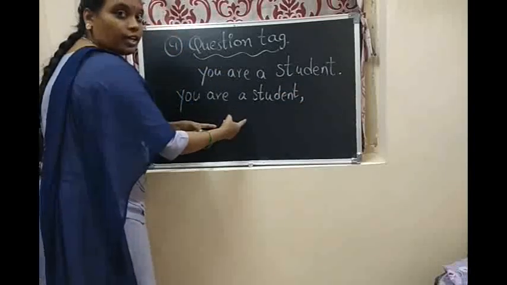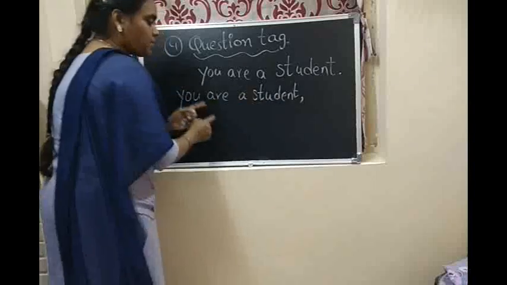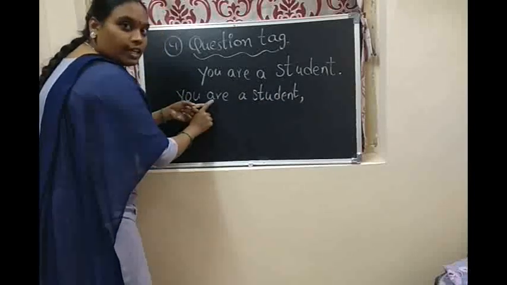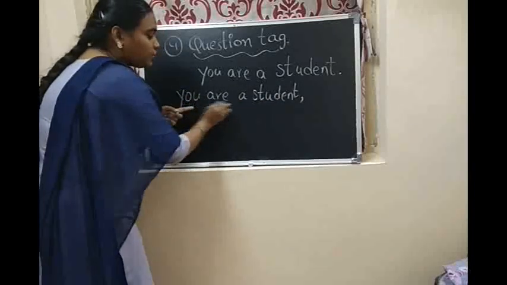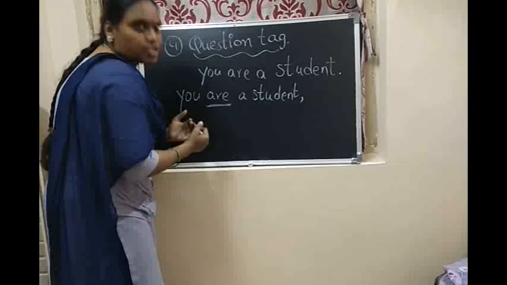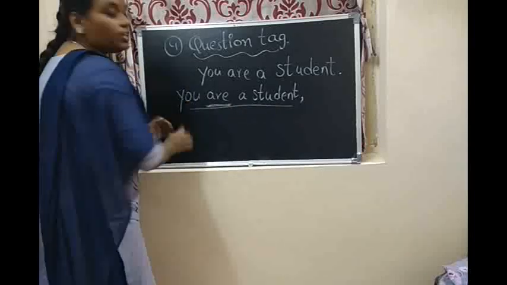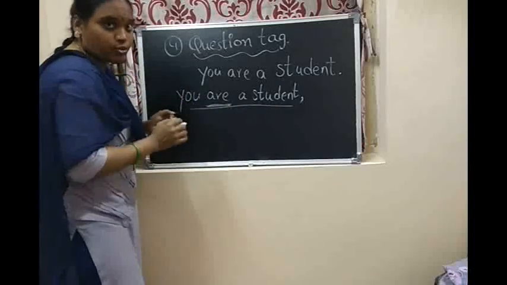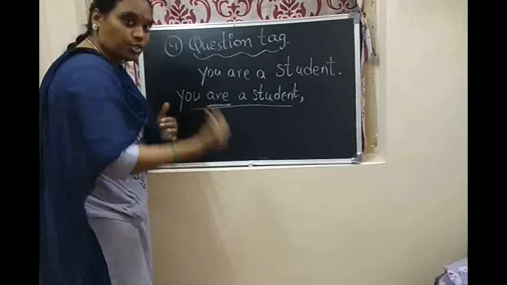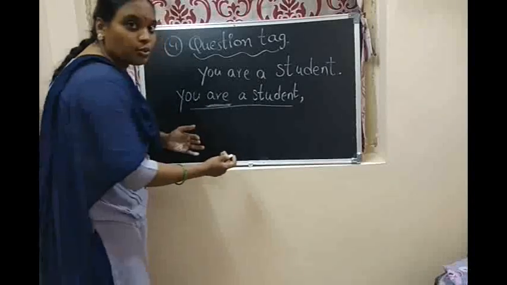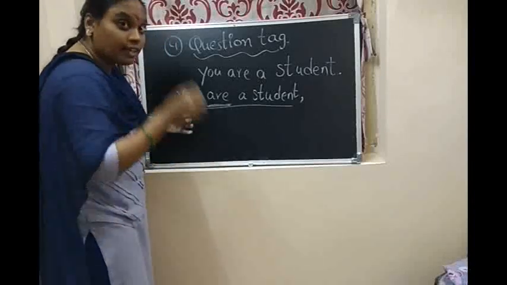Now for the question tag you write a comma. In this statement, "you are a student" is positive. The total statement is positive. So while you are writing the question tag, you have to change it into negative.